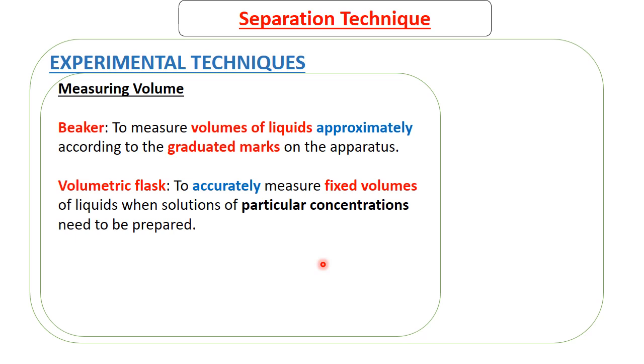So that one is more concentrated. If you need to prepare a solution of particular concentration, or if they say we want a solution to have this concentration, it means the amount of sugar that has to be put in that sugared water as compared to the amount of water should be this. So if you know the exact concentration that you need, you have to use a volumetric flask.